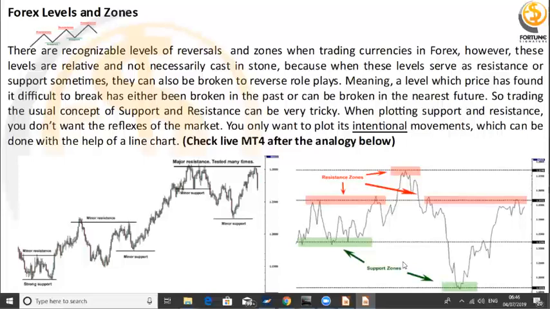When plotting support and resistance, there are many things that you need to look at. You need to consider the different points above and the different points below for support and resistance. Basically, everything that you need to do is to create levels or zones for trading, and then that works for you.